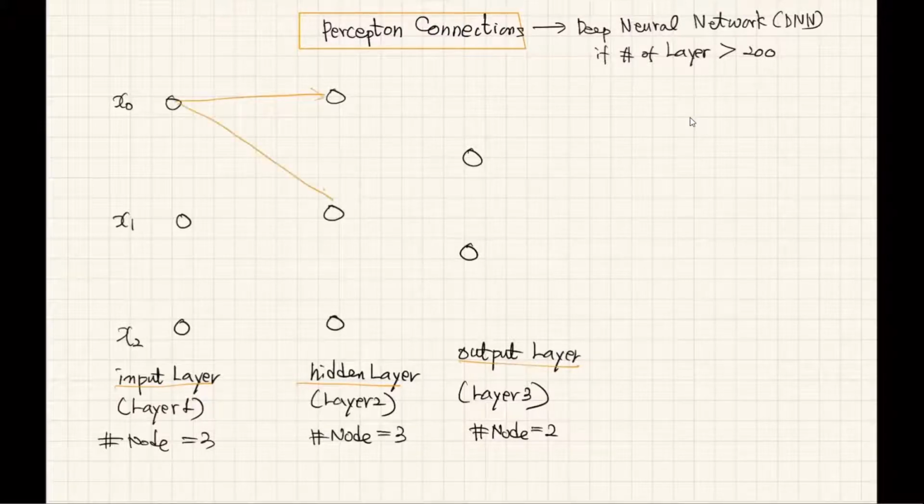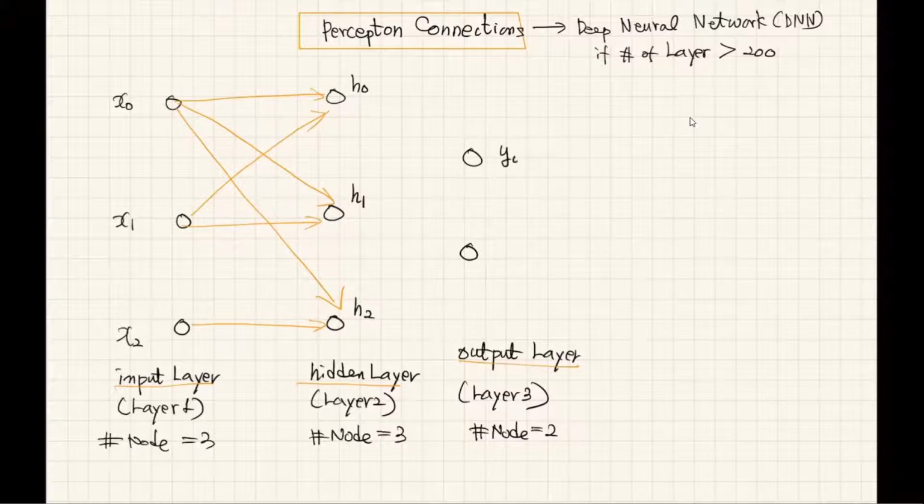It will be connected like that. Also, X1 will be connected to the next nodes. I'd say these nodes are H0, H1, H2. Let's assume these are Y0, Y1.